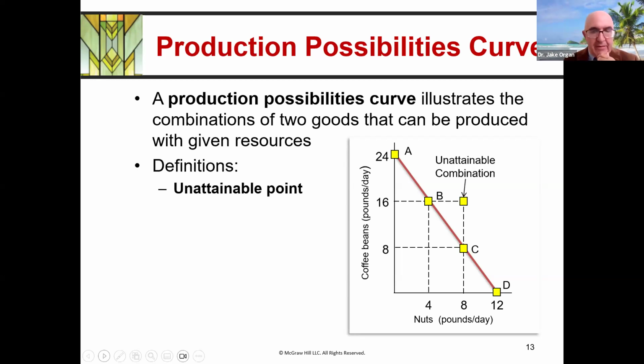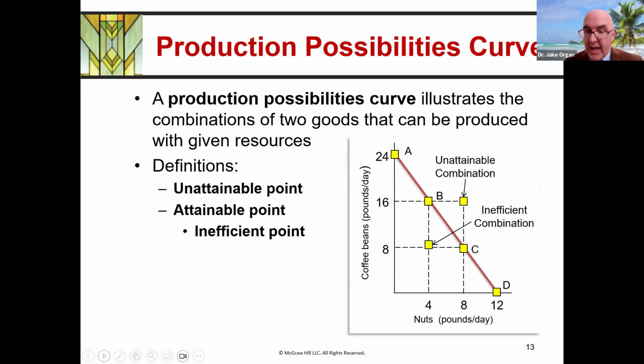And so if we look at it, we've got certain things going on. Look at this one where it says unattainable combination, that's pie in the sky. You couldn't get that. We'll see later on how we can get to that position. An attainable point will be inside the production possibilities frontier.